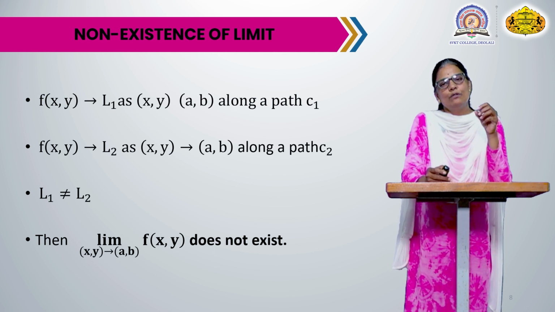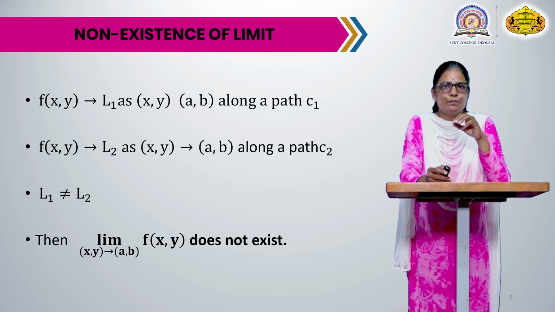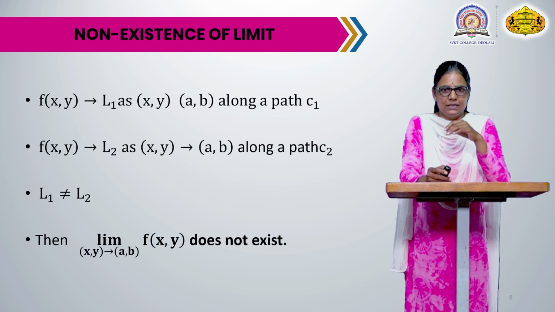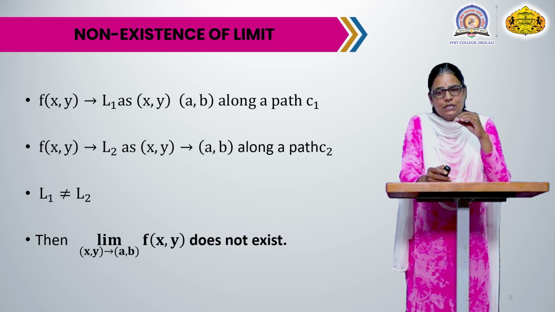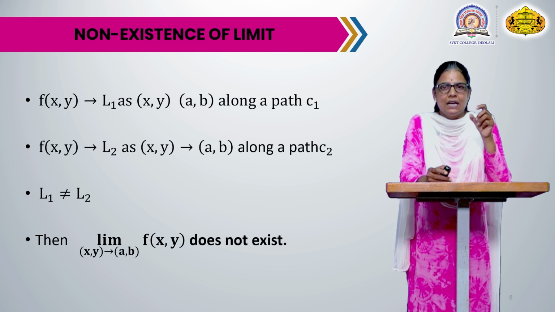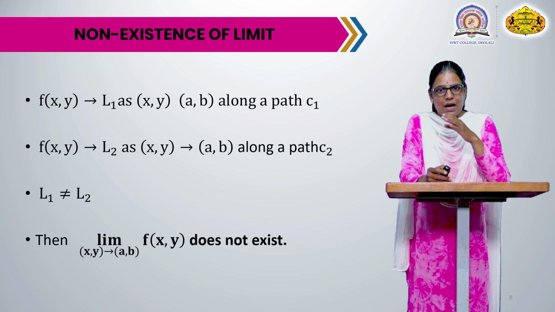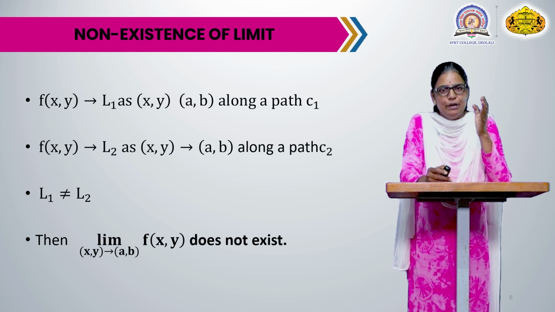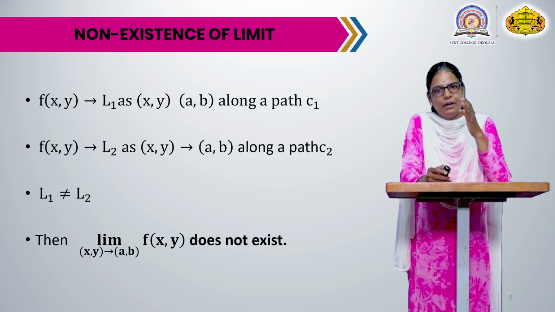That is, in case of function of two variables, if we want to show that the limit does not exist, then we have to find two paths, say C1 and C2, such that as (x,y) approaches (a,b) along these two paths, the limit of the given function has different values.